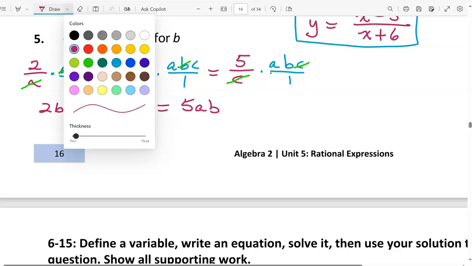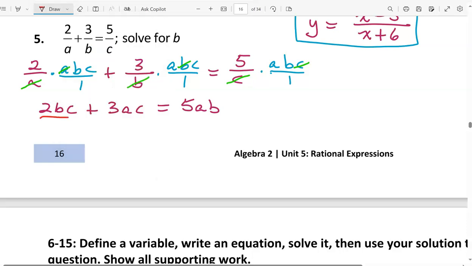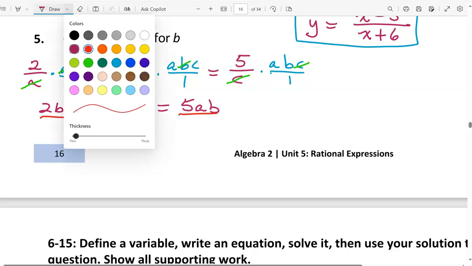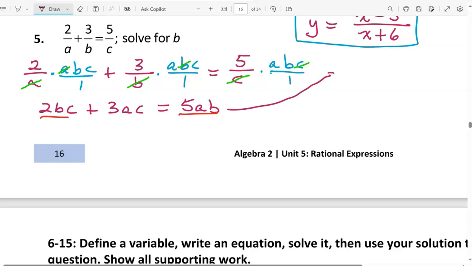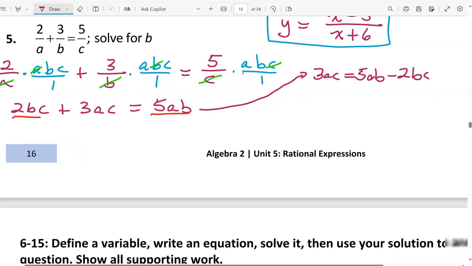We're asked to solve for the variable b, which occurs in 2 of the terms, so I'll move those terms to the same side of the equation by subtracting 2bc. That will give us 3ac is equal to 5ab minus 2bc.